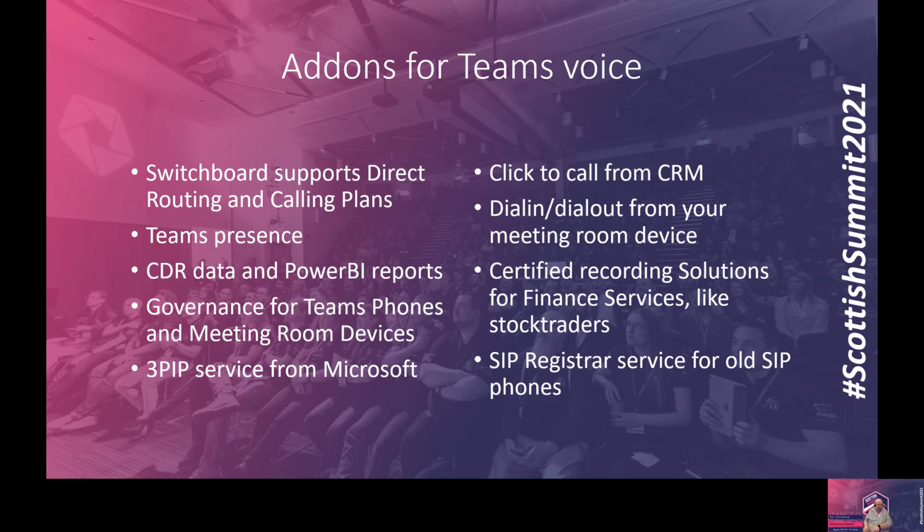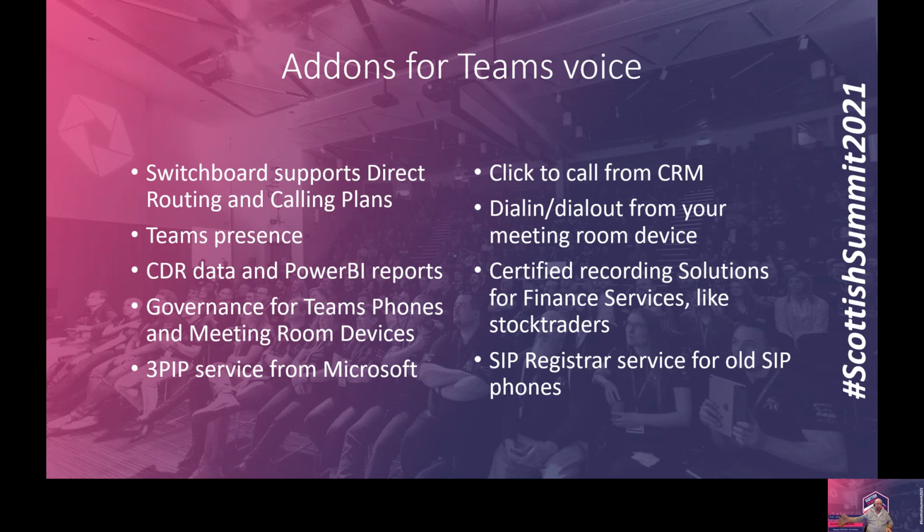Those switchboards that have the opportunity to be built or designed together with the Graph API get things like Teams presence, the OAuth calendar integration, the outbound PSTN calling. All this kind of functionality is there, and some of the switchboard producers can also support direct routing and calling plans together.